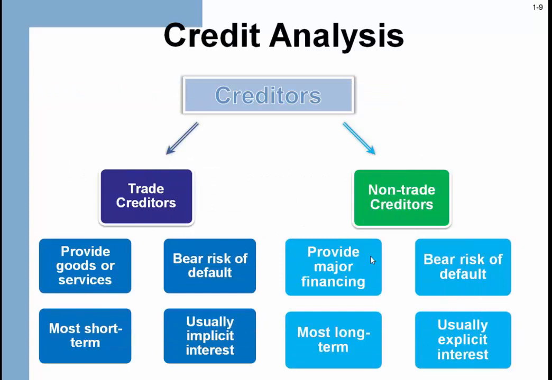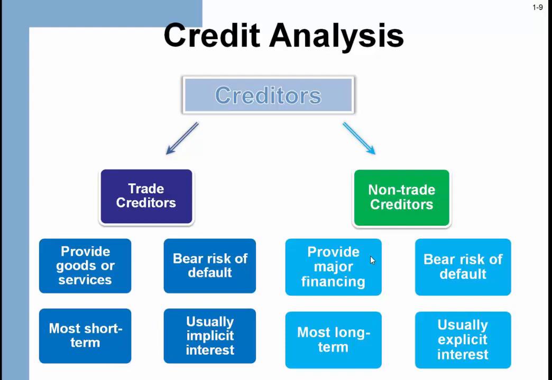First, from a credit analysis perspective, creditors, like I said, are going to be broken down into two different categories. Trade creditors are going to be the ones that give you short-term trade. Basically, maybe you're a merchandiser and you're buying clothing to turn around and resell. Typically when you have trade credit, you buy stuff and resell it within, say, 30 days.